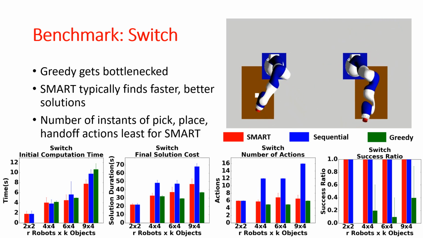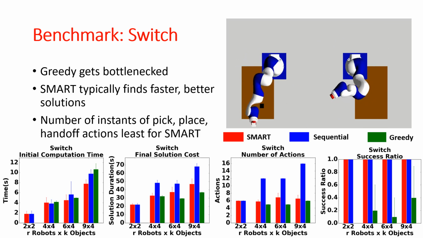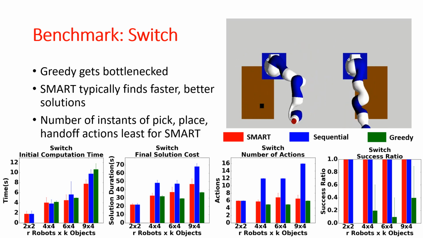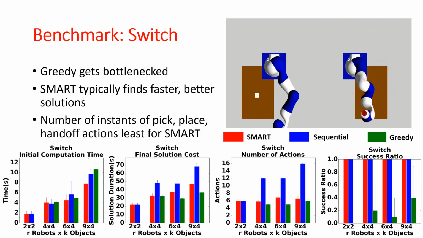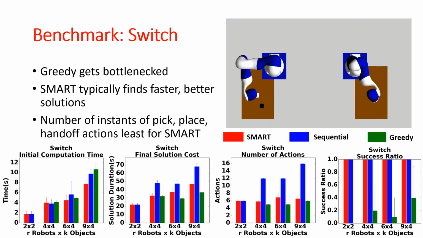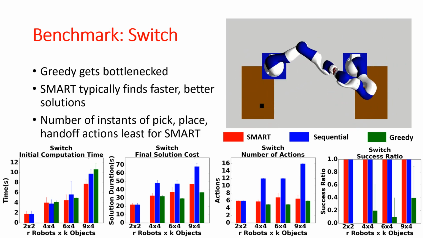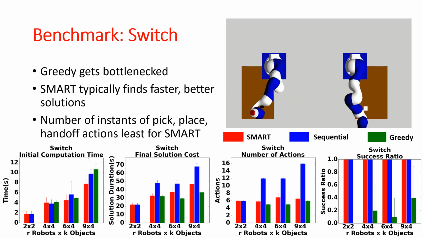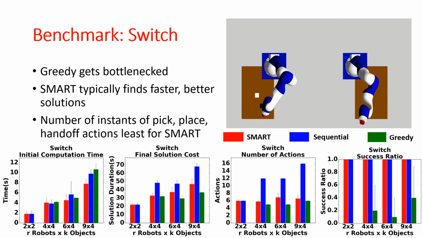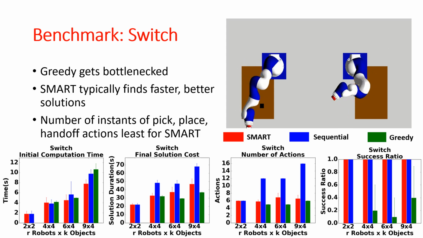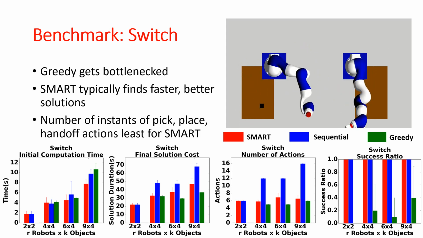And in terms of the solution cost, we are always going to be better than sequential, but are also in a lot of cases better than greedy. Now, of course, executing things in a coordinated fashion introduces overheads of coordination. So we won't get the linear speed up because of this overhead. Now, in terms of the number of actions, we are clearly significantly better than sequential.